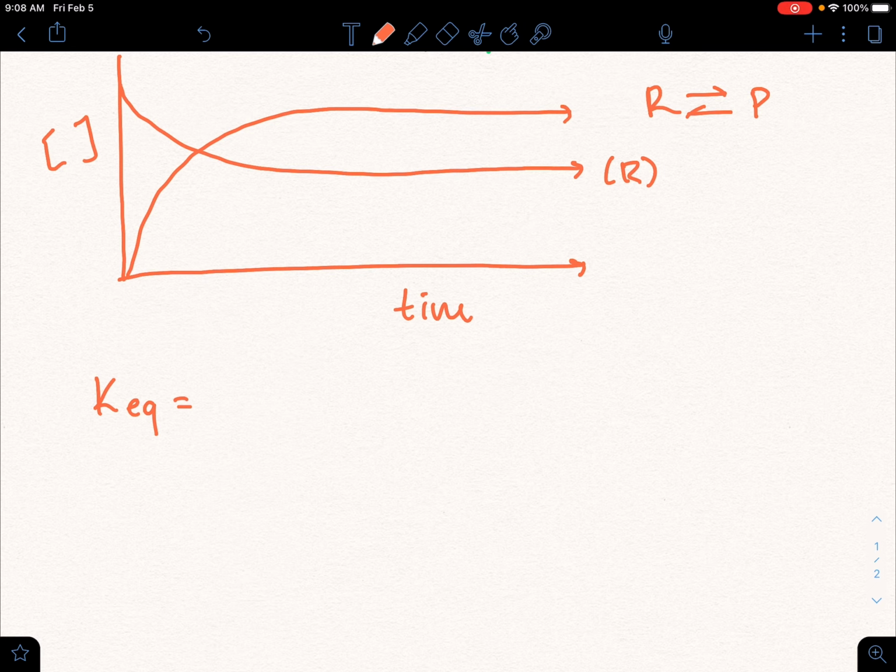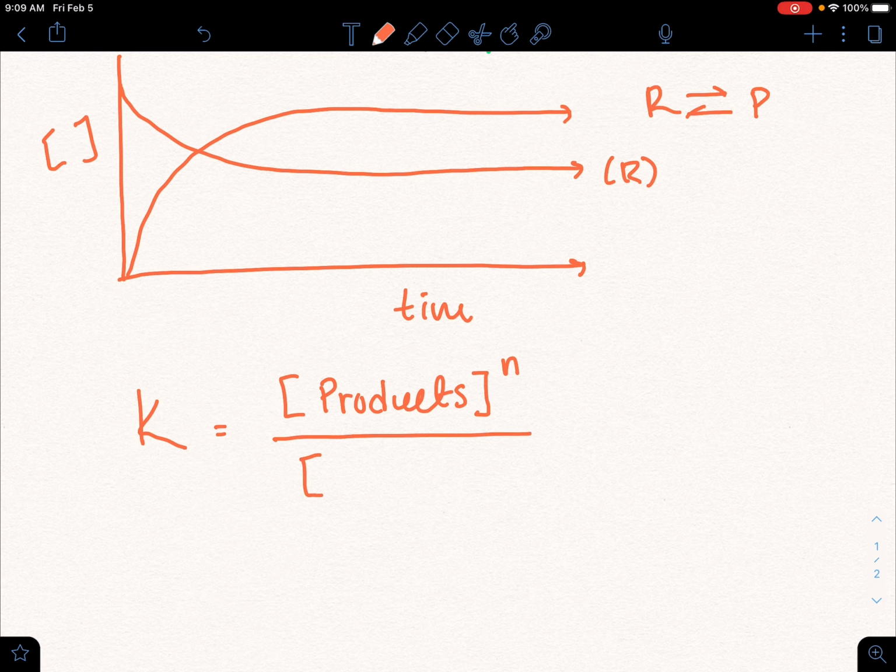So K is always going to be written as K equals the concentration of your products raised to their stoichiometric ratio, I'm going to name it N, over the concentration of the reactants raised to the power N.